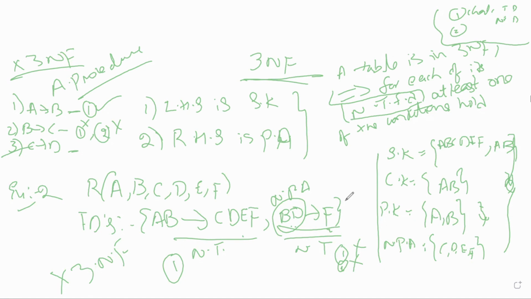That means it's not a strong relation. It has a lot of redundancy, and also some anomalies, maybe update anomaly. I'll tell you that one also. That is how we tell whether the relation is strong or not. If it is strong, then it doesn't have redundancy. That is what we are going to check with these normal forms.